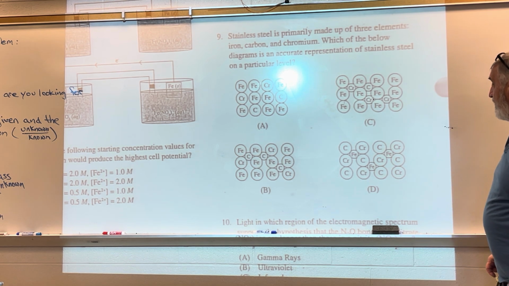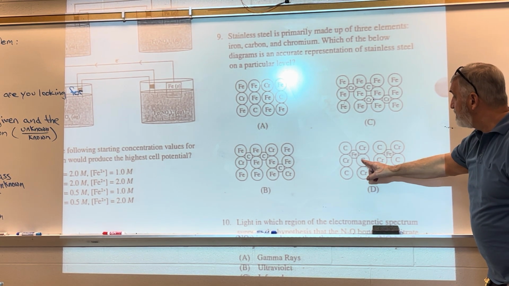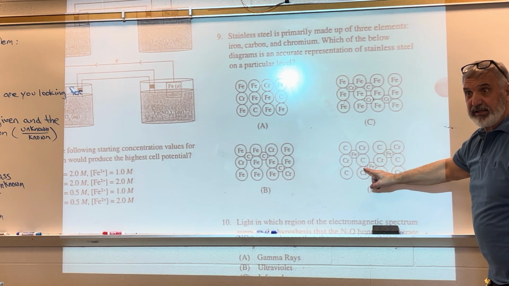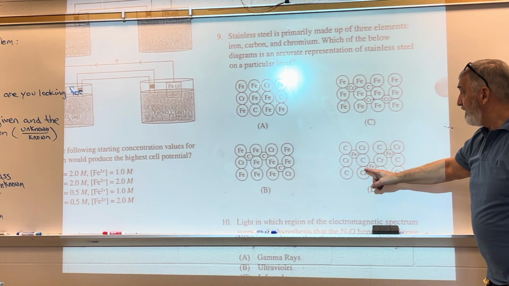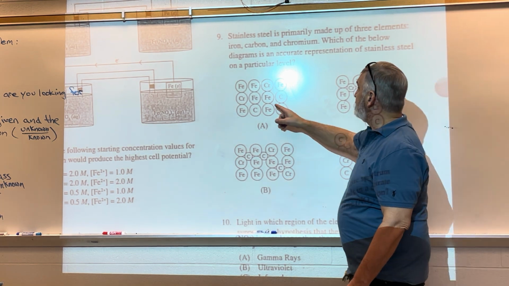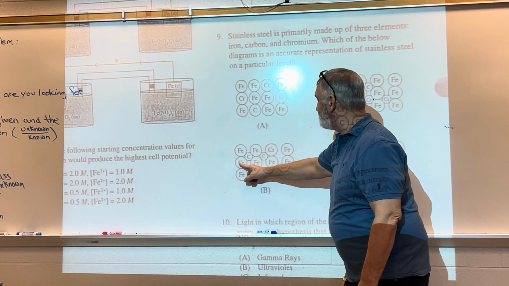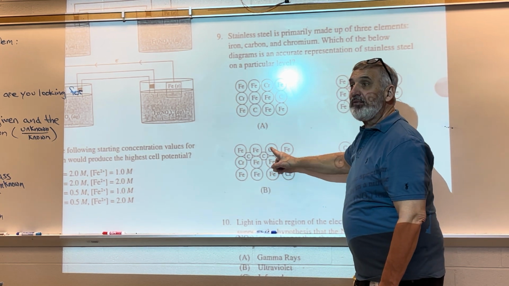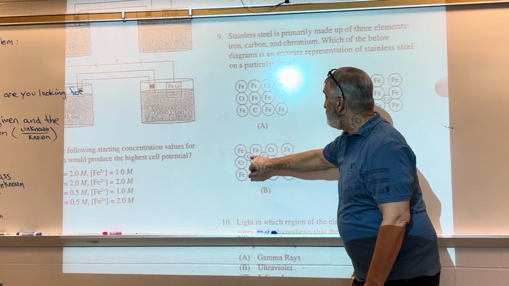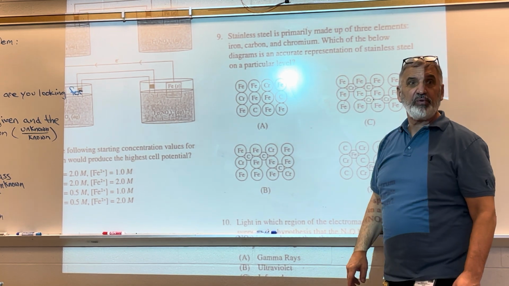What type of alloy would the iron and chromium make? No, that's the carbon. Iron and chromium, where is it? Iron, iron, well, B. Oh, there's the chromium. If the carbon wasn't in there, what type of alloy would it be between the iron and the chromium?